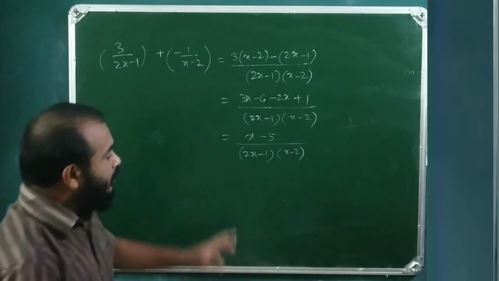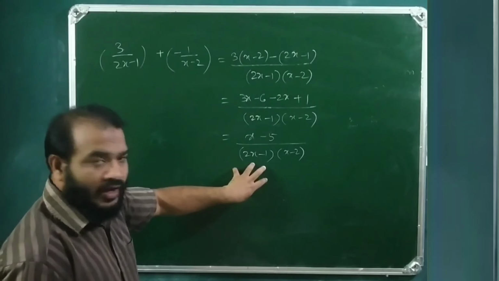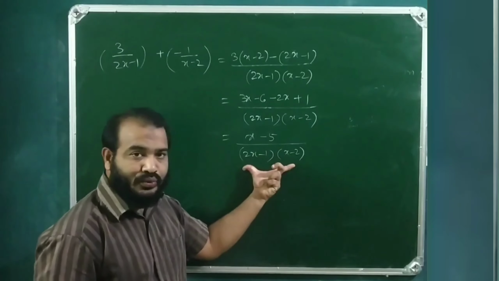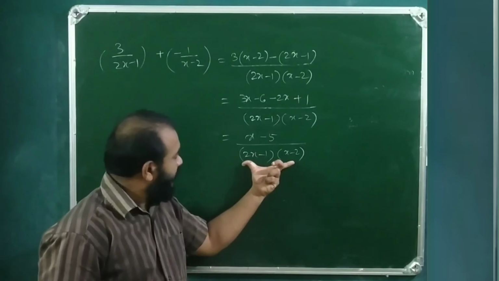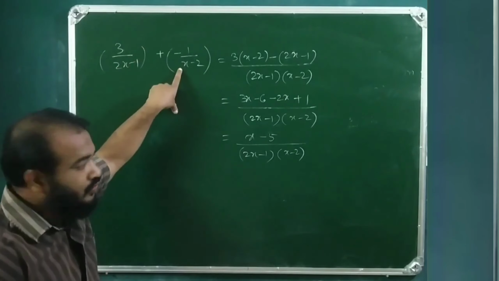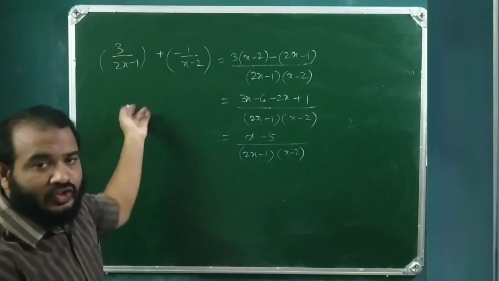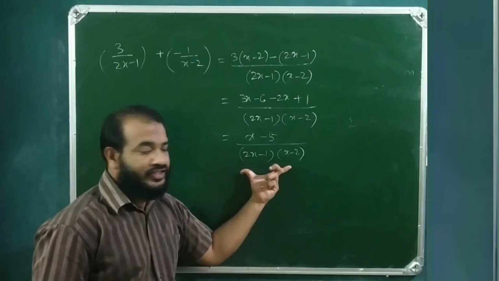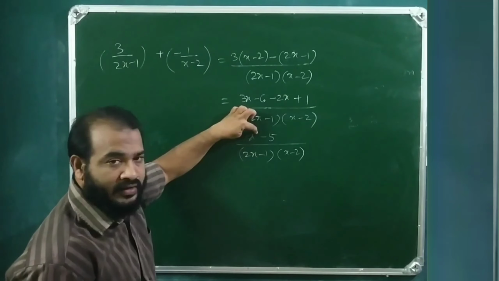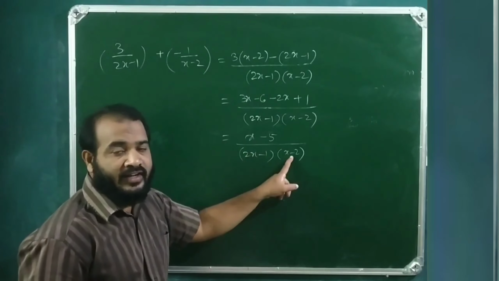So in partial fractions, we will be doing the opposite process. So x minus 5 by 2x minus 1 into x minus 2 is going to be expressed as 3 by 2x minus 1 plus minus 1 by x minus 2. The sum of two proper fractions is also a proper fraction, because here the degree of the numerator is 1 and the degree of the denominator, x into x square, is 2.